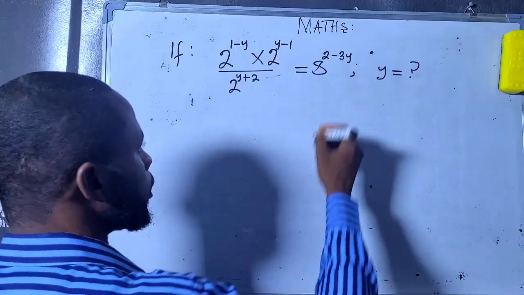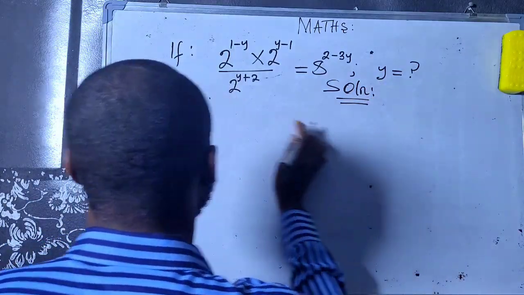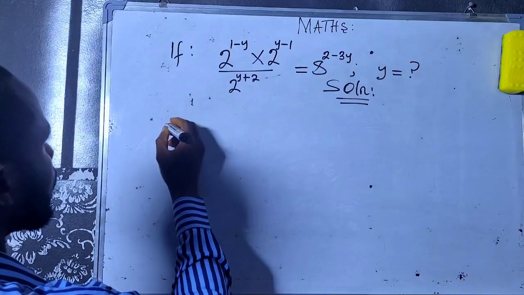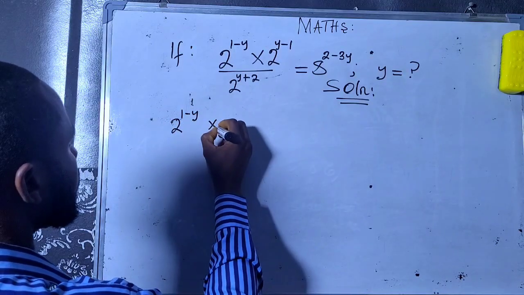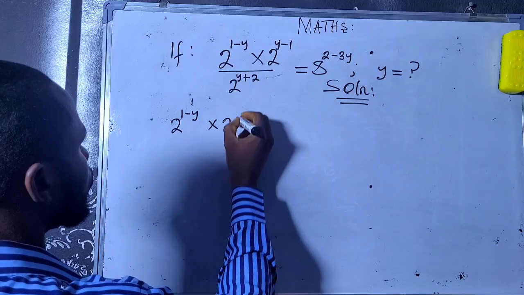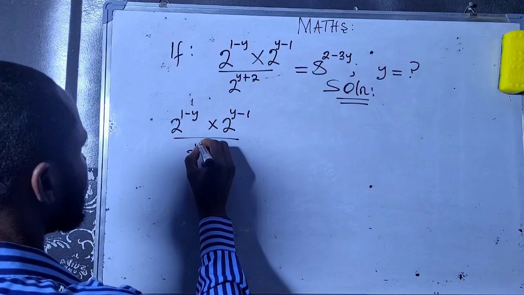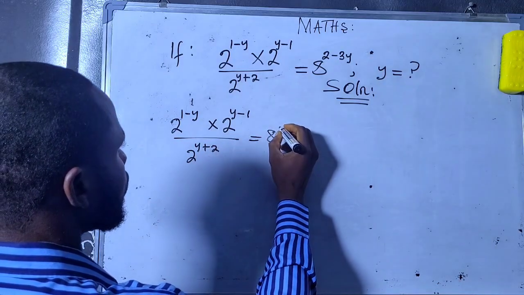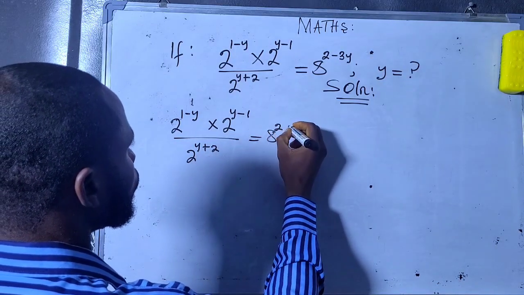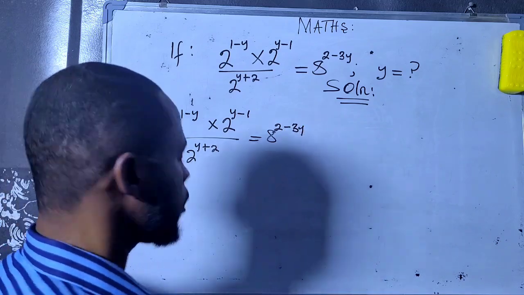First, I put down here, solution. I bring the question down here. We have 2 to the power of 1 minus y multiplied by 2 to the power of y minus 1, divided by 2 to the power of y plus 2, equals 8 to the power of 2 minus 3y.